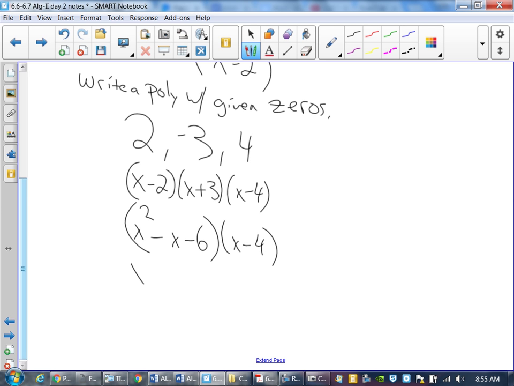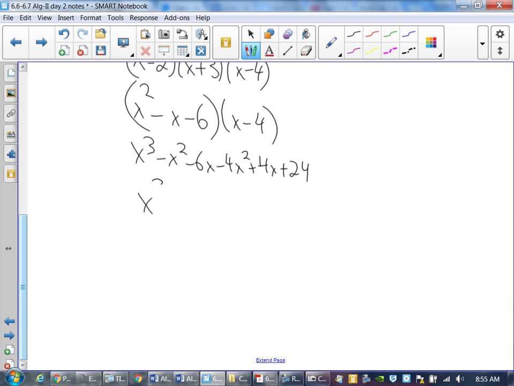We have x cubed minus x squared minus 6x minus 4x squared plus 4x plus 24. And it turns into a combine like terms problem.